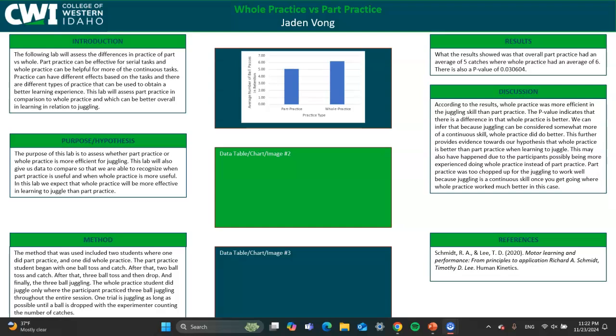The purpose is to pretty much just assess, is part practice or whole practice more efficient to learn how to juggle. It's going to give us some data to use so that we are able to understand what people would consider juggling, either serial or continuous, and what would work best.